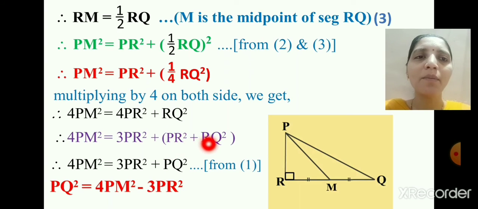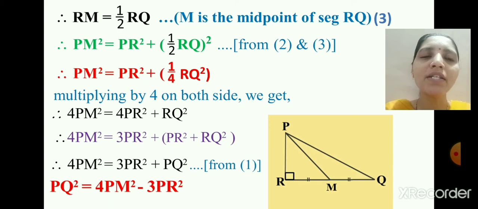Now in equation 1, we have written that PQ square is equal to PR square plus RQ square. So instead of writing these, we are going to write PQ square. So we will get here 4 PM square is equal to 3 PR square plus PQ square. Reason you will write as from equation 1.